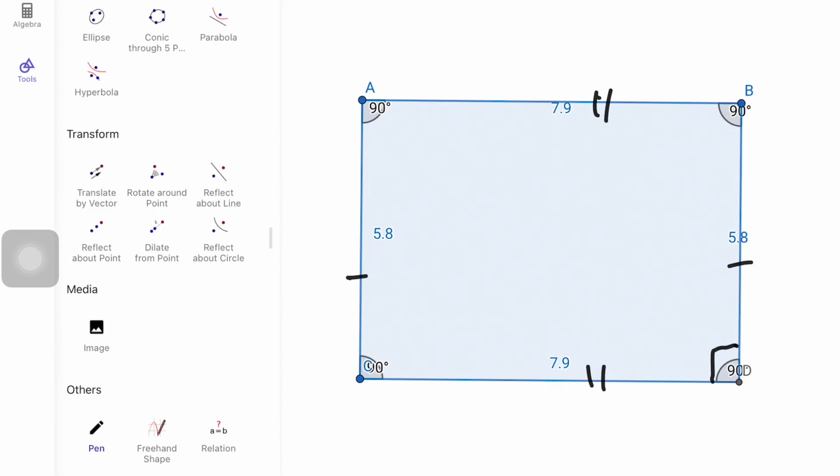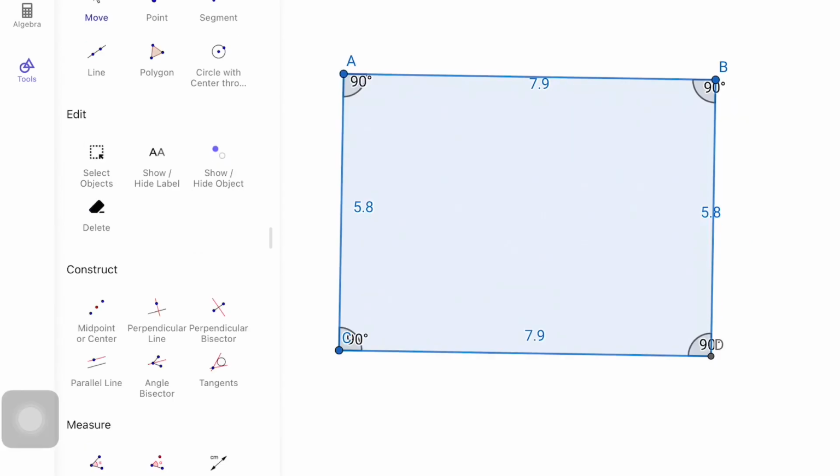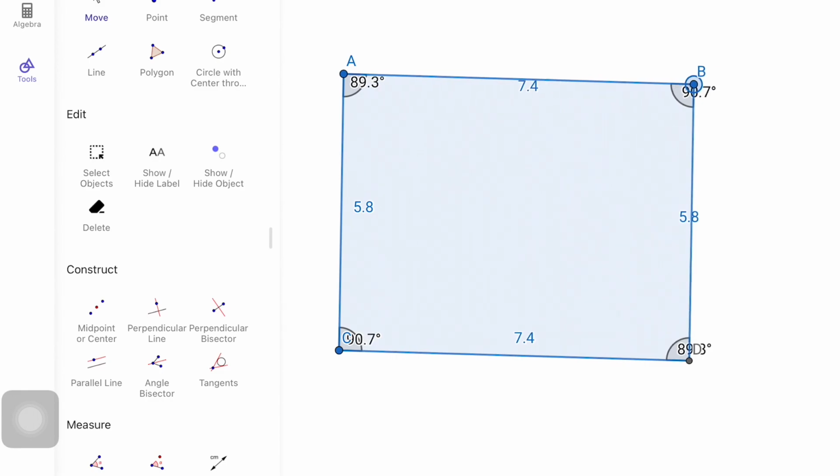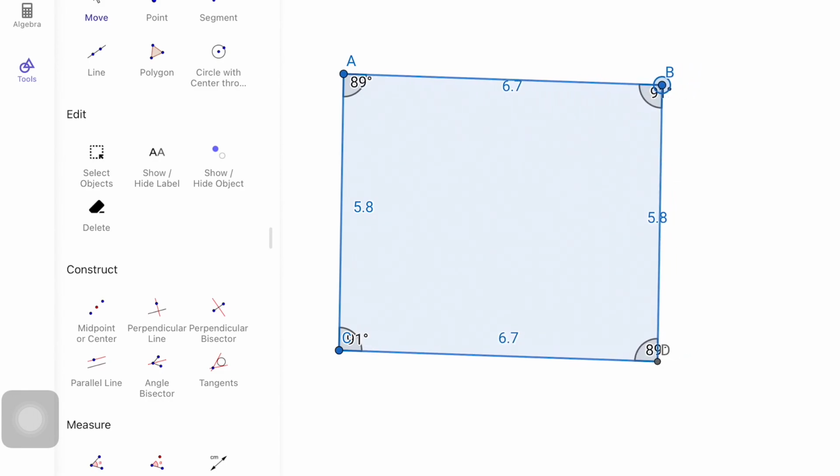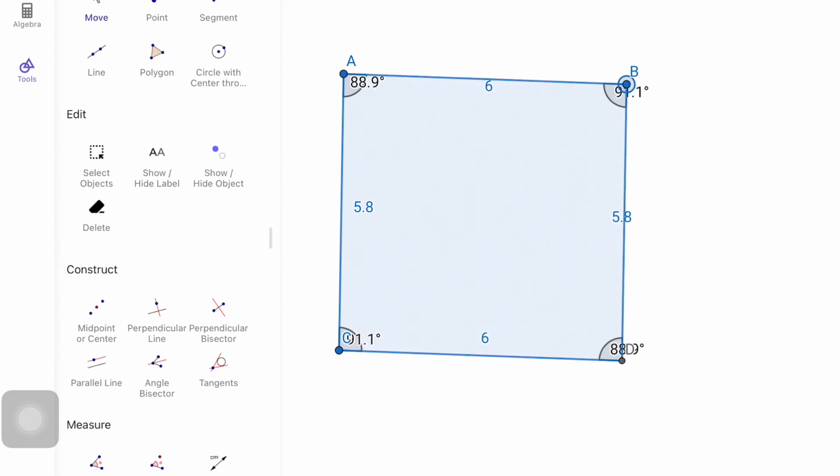Now I want to change this rectangle to a square. I'm going to start a new video here. Okay, so now that we've got a rectangle, we're going to change it to a square. So I want you to choose the Move button. And how would we change this to a square? We would make sure all the side lengths are the same.